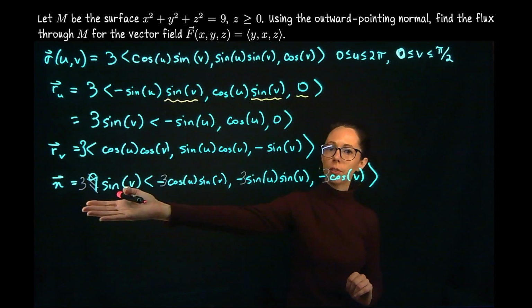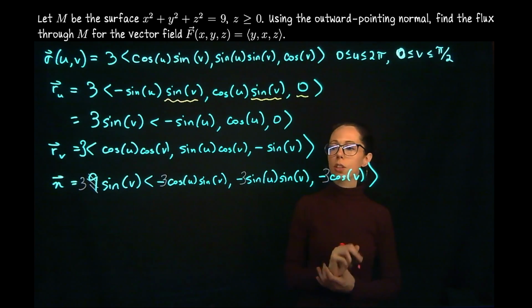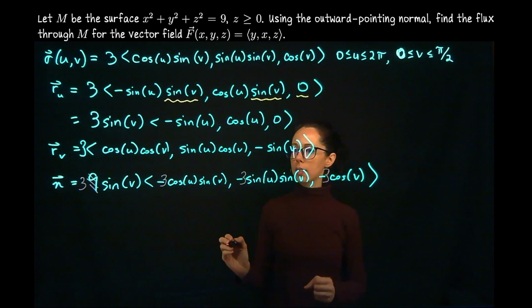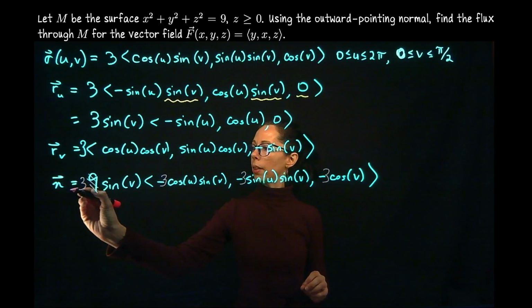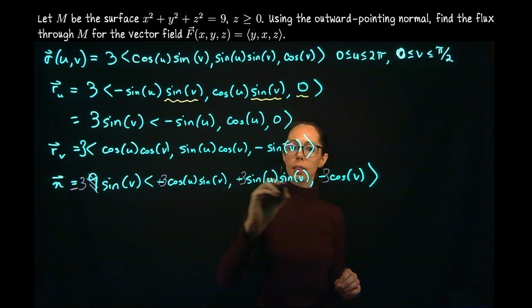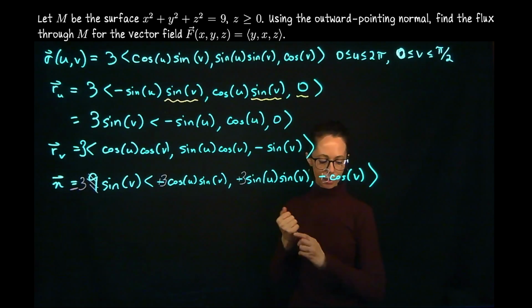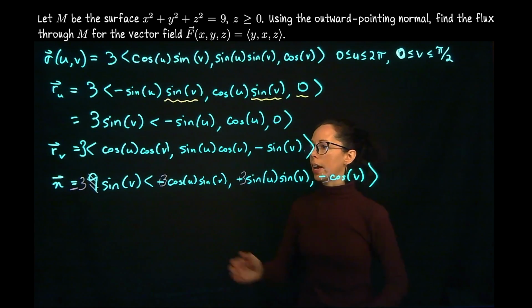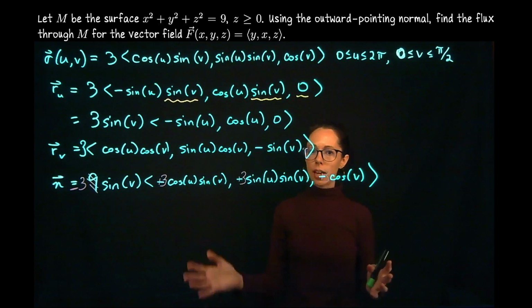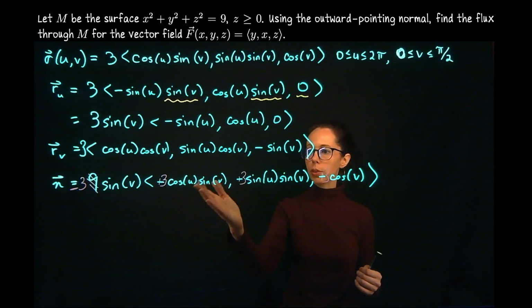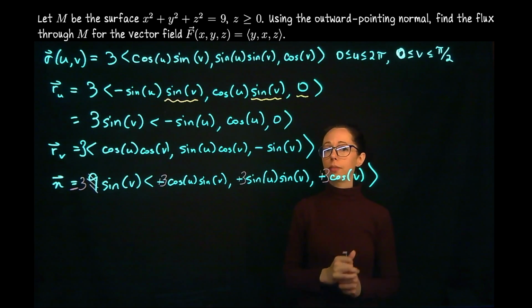It's a leading 3 out front, and then I've brought 3 into each of the coordinates. And just to make this extra messy, let me also pull out this negative. Now out front, I have negative 3 sine of v times the xyz coordinates: 3 cosine u sine v, 3 sine u sine v, 3 cosine v.